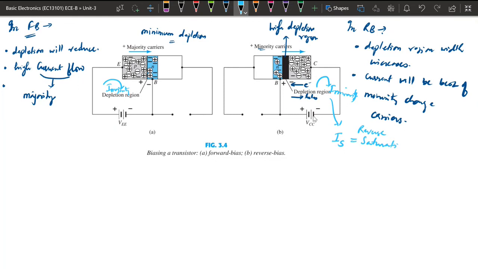This reverse saturation current is because of the minority charge carriers.